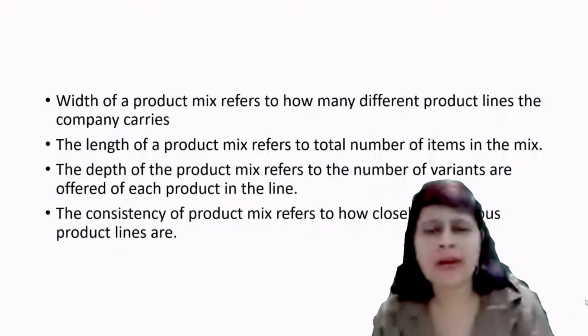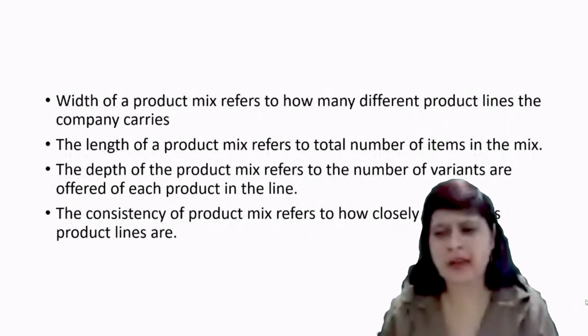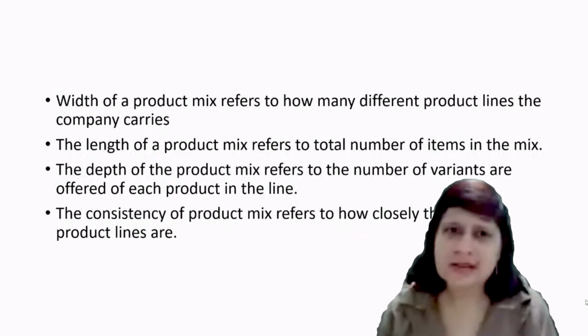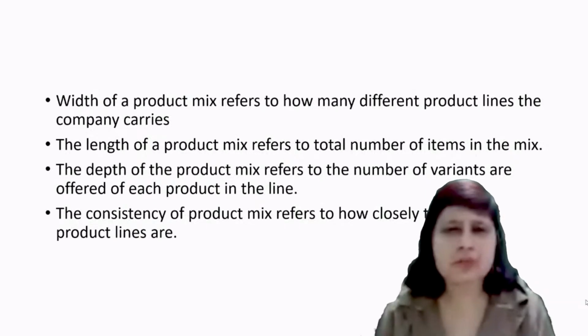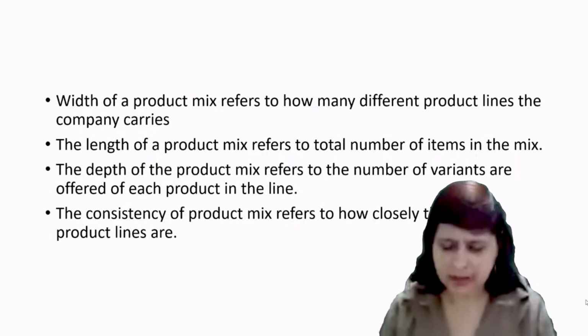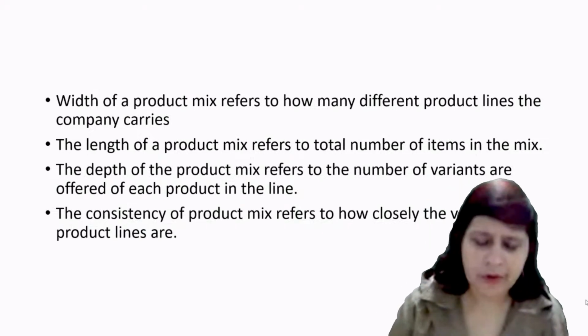The depth of the product mix refers to the number of variants offered in each product in the line, and the consistency of a product mix refers to how closely the various product lines are associated with each other, or whether they are totally different, right?